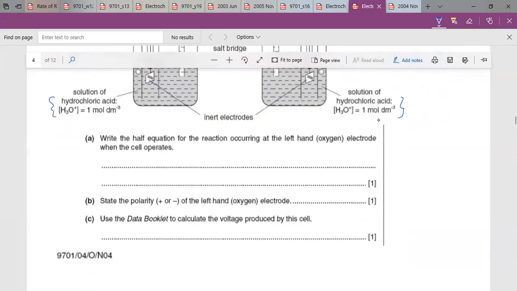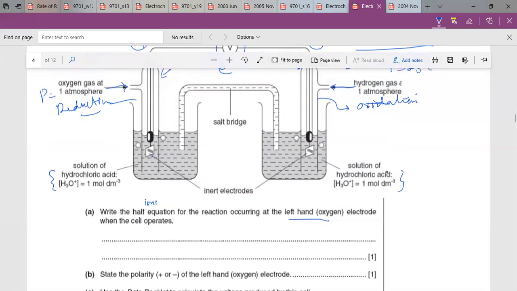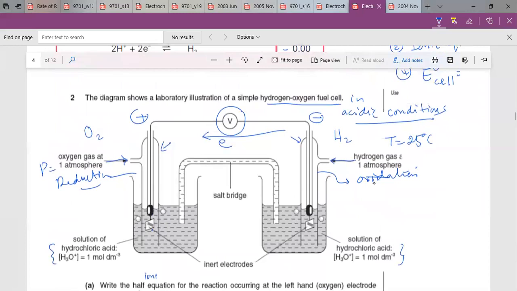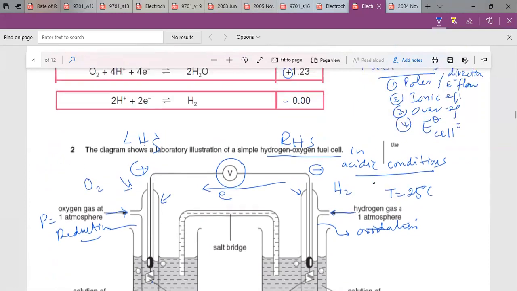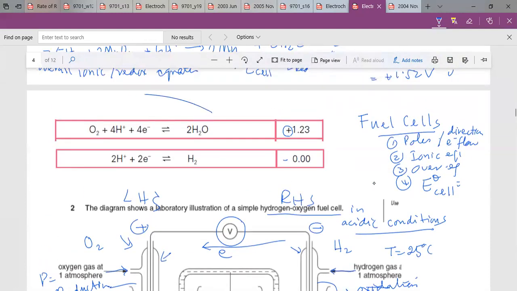Simple. Now, they ask you to write the half ionic equation for the reaction occurring in the left hand oxygen side. When you face it, this is the left hand side, and this is the right hand side. So what's happening here? Of course, it's reduction, so you must not write both directions.